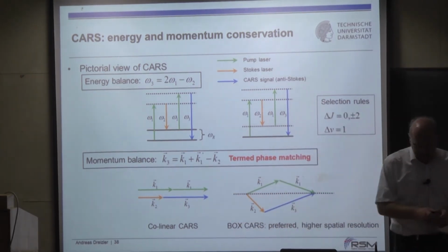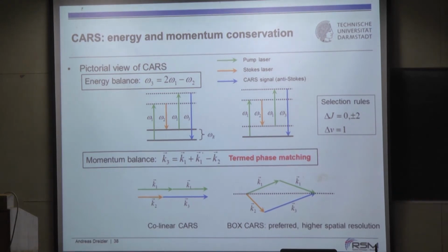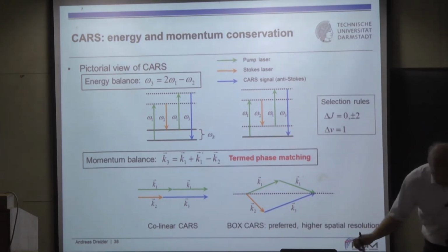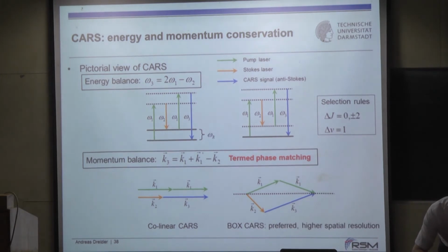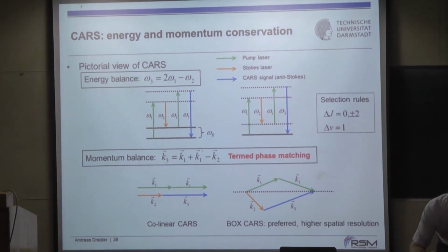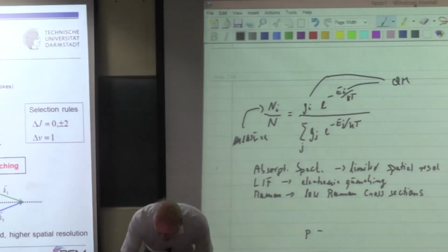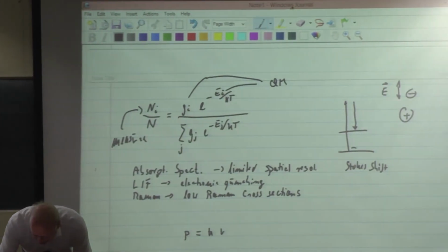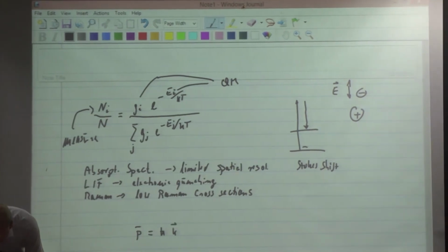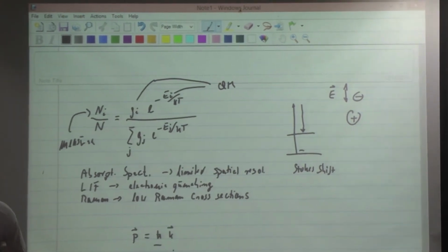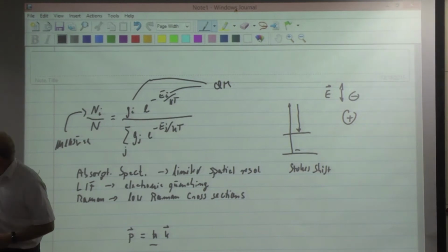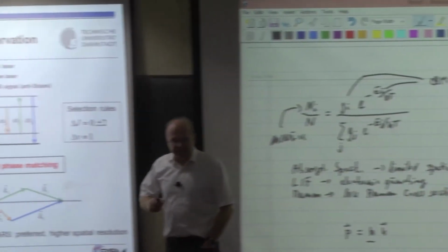If you go, again, into quantum mechanics, you find that the K vector is directly proportional to the momentum. Maybe we can switch that on for a second again. You can show that the momentum of a photon, as well as of particles, is directly proportional to the wave vector. And this is here the reduced Planck's constant. And with that, it maybe becomes more clear.